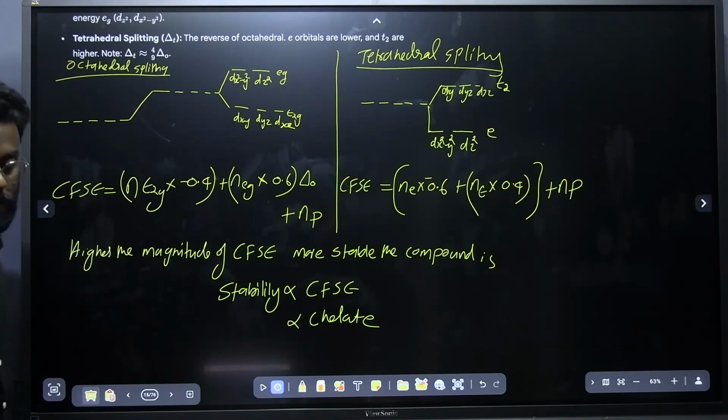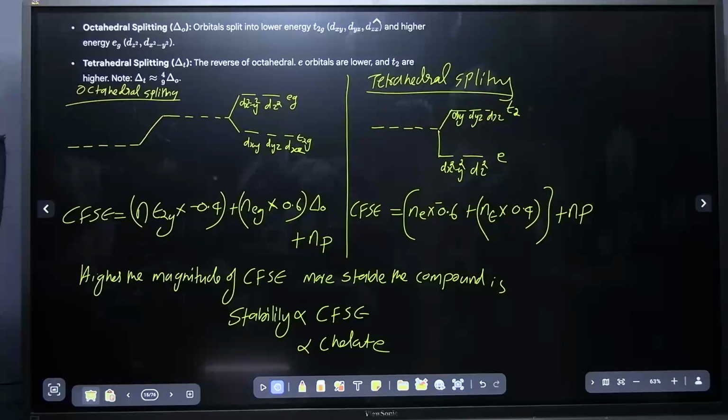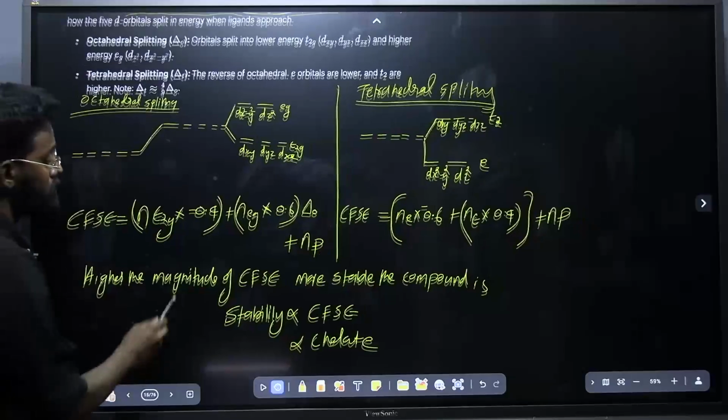Okay, shall we move, students? Have you noted down the difference between tetrahedral and octahedral? And note down that tetrahedral splitting is very less.